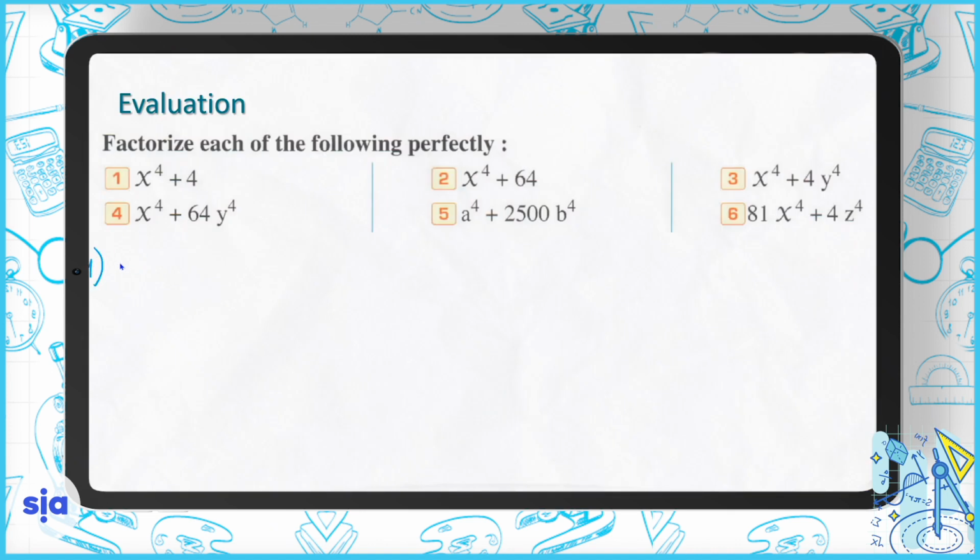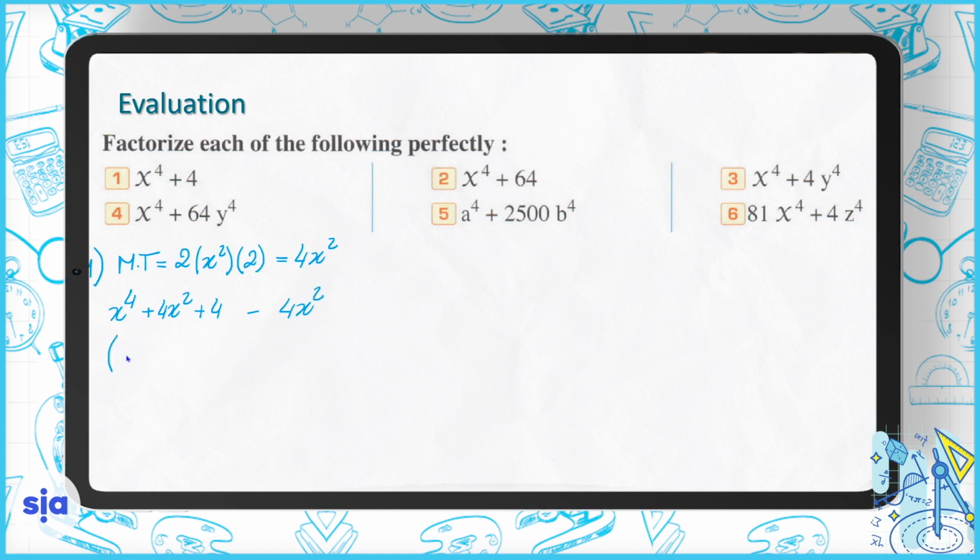Question 1, we're going to get the middle term, which is 2 times x squared times 2. So the middle term is 4x squared. We're going to add and subtract the middle term. So x power 4 plus the 4x squared plus 4 minus the 4x squared.